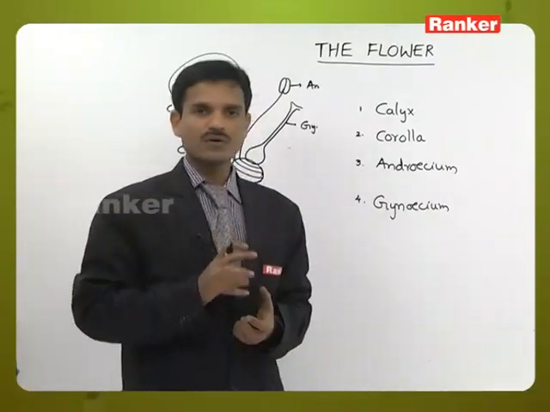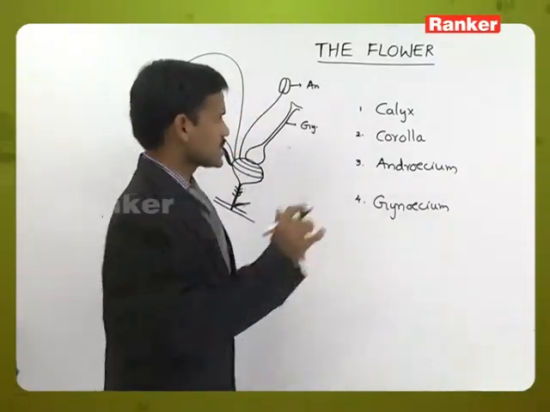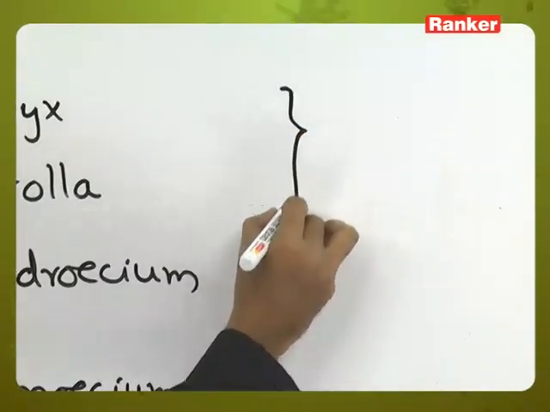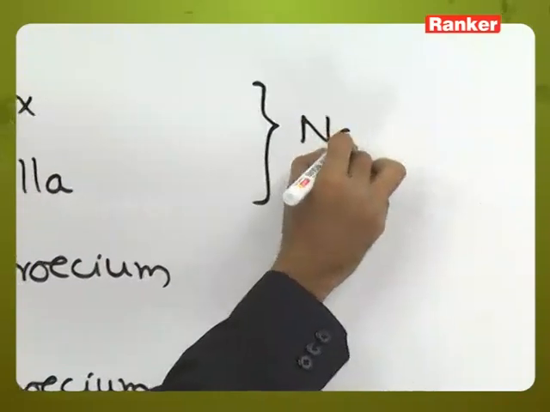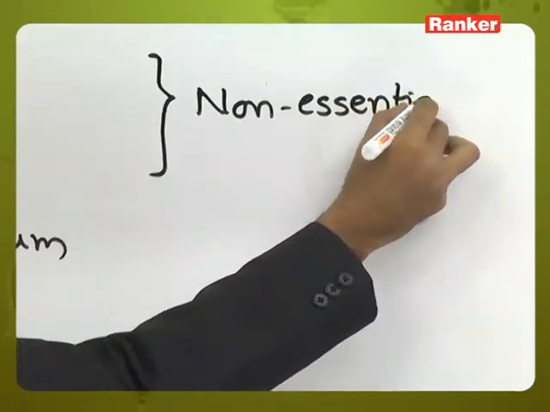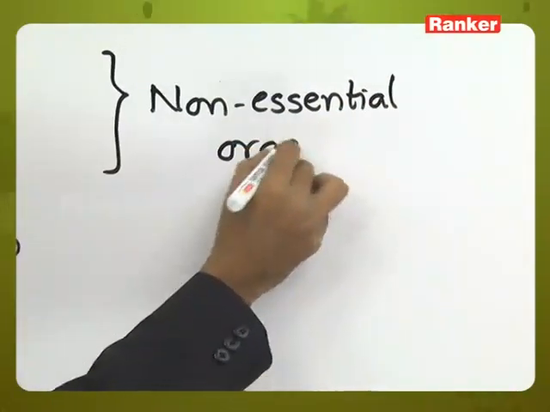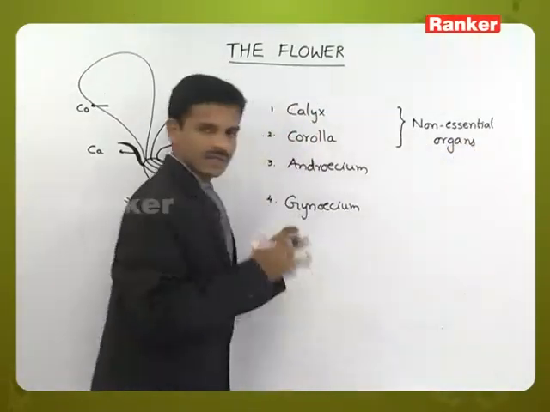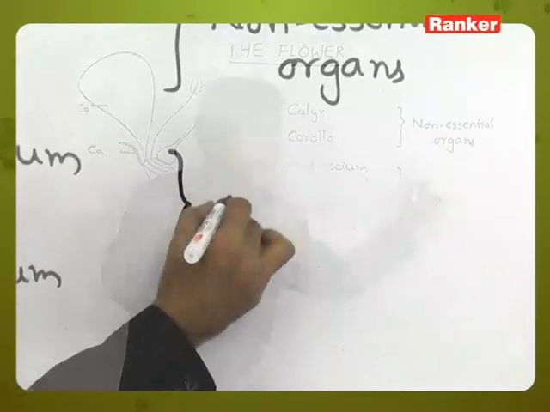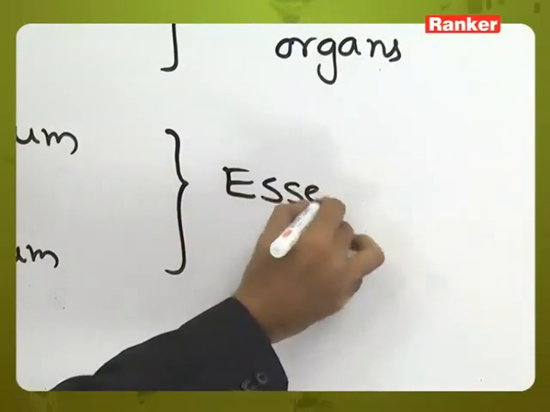So in these four whorls, these two together are called as non-essential organs. And the third and fourth whorls are called as essential organs.